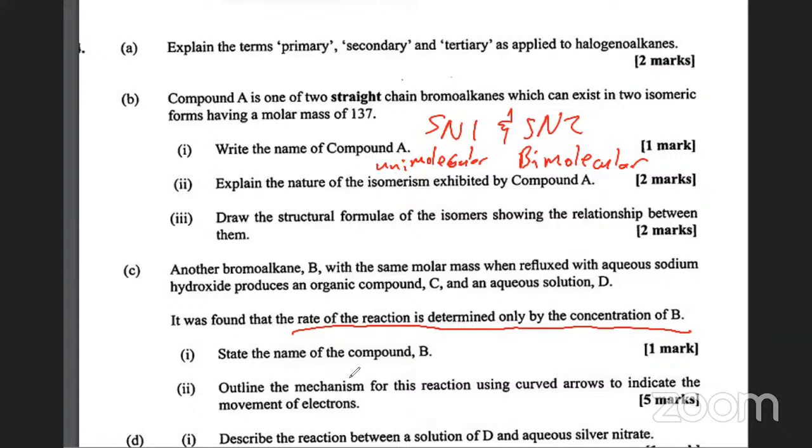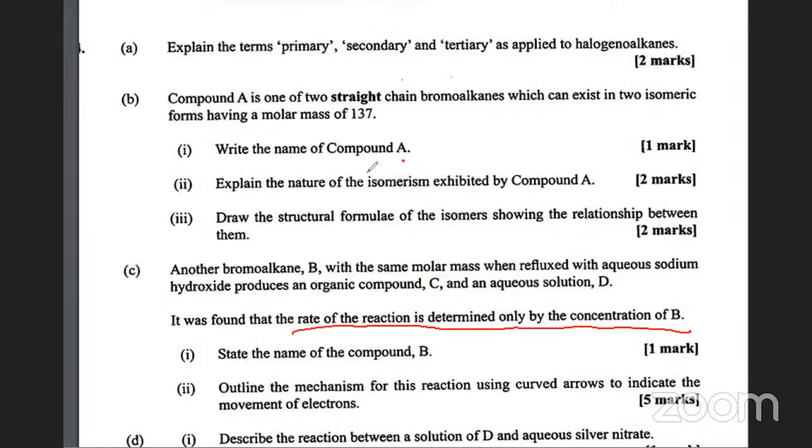So tertiary haloalkane. It can be tertiary or secondary, yes. Good. Remember they say that it is the same molar mass, which means that you have how many carbons? 4. So we are going to set it now so that it becomes either secondary or tertiary.